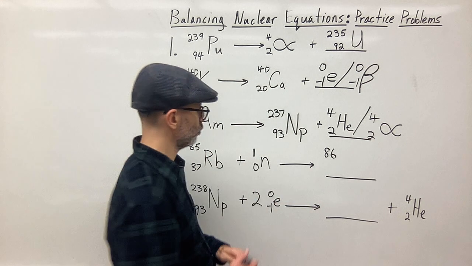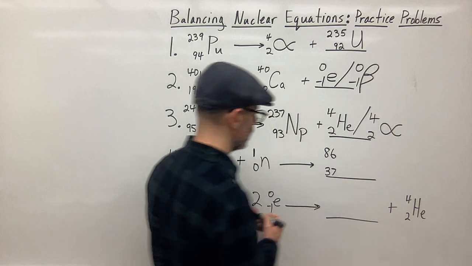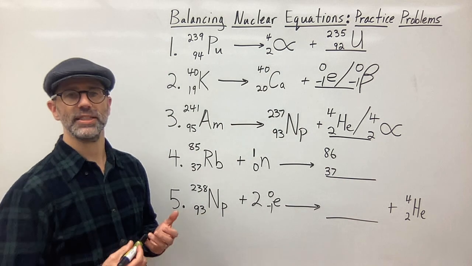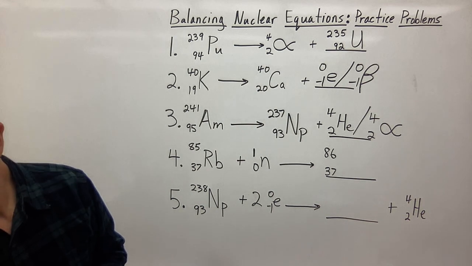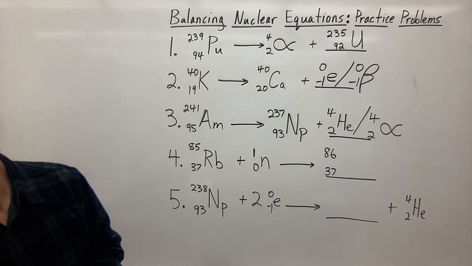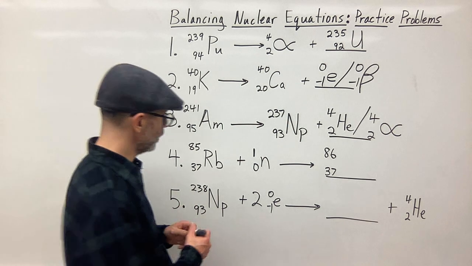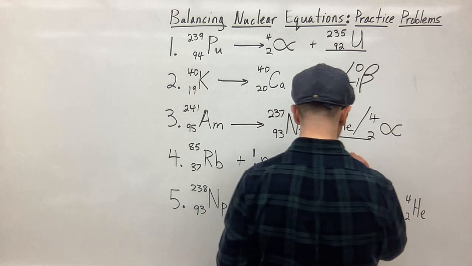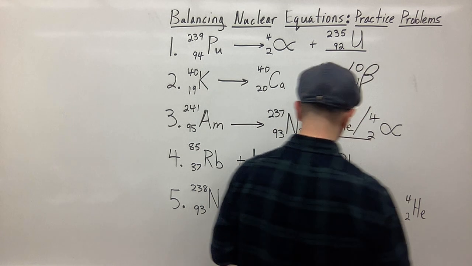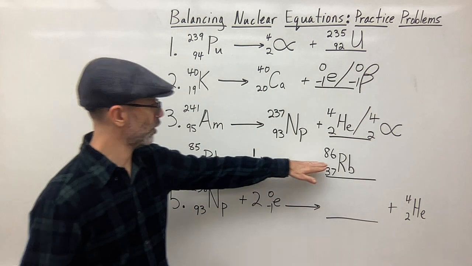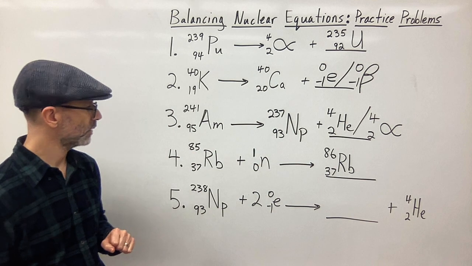So this particle should have an atomic number of 37. Since I know the atomic number, I can look that up on the periodic table. What's number 37? It's rubidium again. It's right here. Okay, so I have rubidium. Notice that it's a heavier isotope of rubidium, since I added a neutron to it.